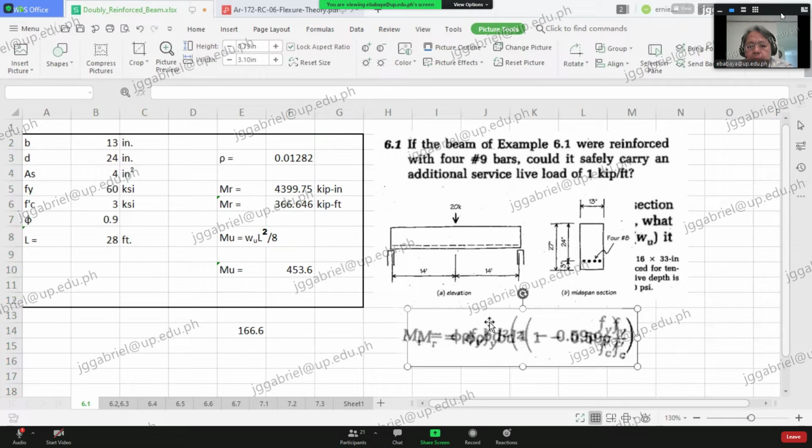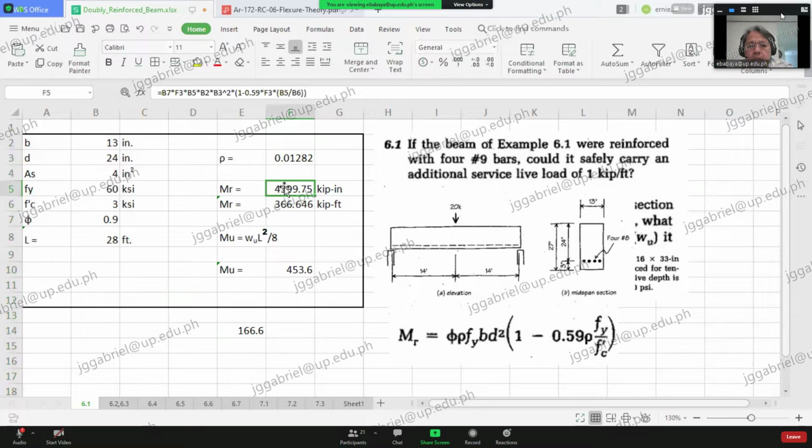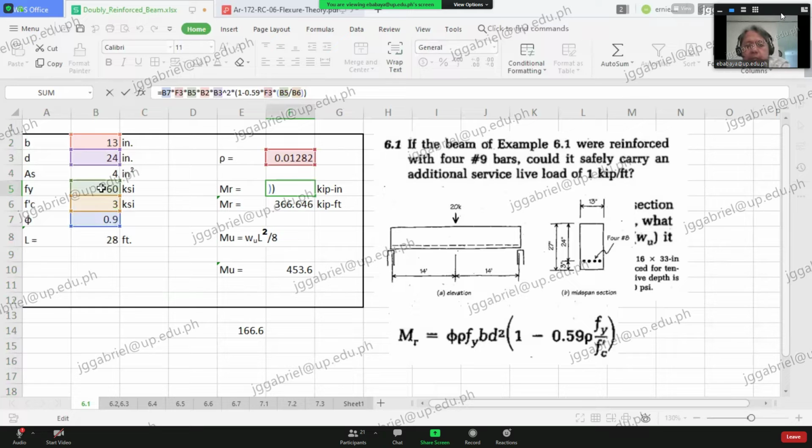Ito yung formula natin. Look at how the formula in Excel was assembled. So this formula: phi 0.9 times rho 0.01282 times fy 60 ksi, so that's 60.